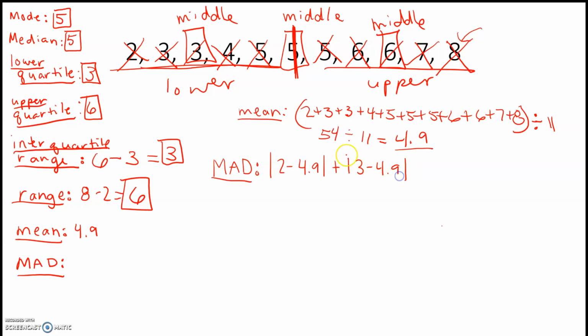And you have to do that for every number. Since there are 2 3's, you have to write that one twice. 3 minus 4.9 plus 4 minus 4.9. And if you remember, what these absolute value signs are telling you is that once you subtract, if it's a negative number, you take that negative off.